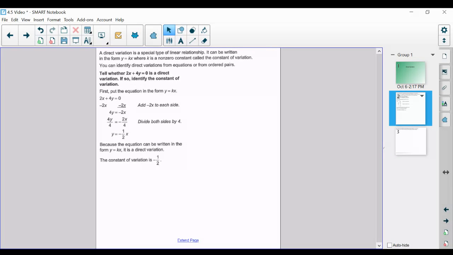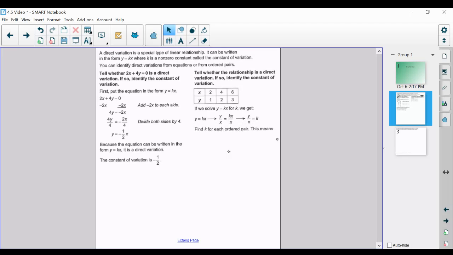Now, sometimes we're going to be given equations, and sometimes we're going to be given a table of values. We have x values with their corresponding y values, and we want to see if we have a constant of variation, if the changes are constant. Just like with slope, we can solve to get k all by itself.